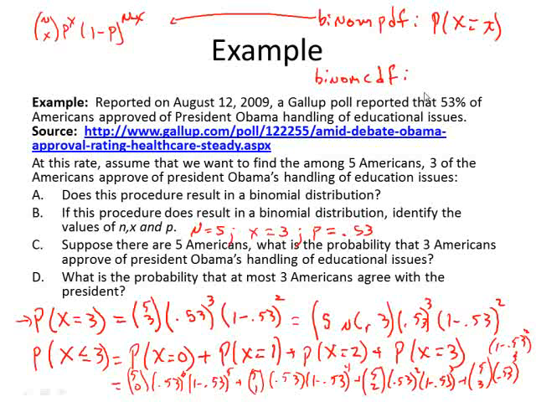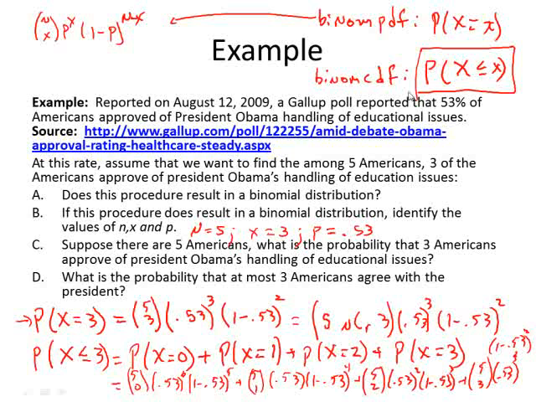But you've got to be careful, because the Binom CDF will compute the probability that X is less than or equal to x. So you have to make sure that you have this form. Notice it has a less than or equal to. It does not have a greater than or equal to, and it does not have a strict less than, and it does not have a strict greater than.